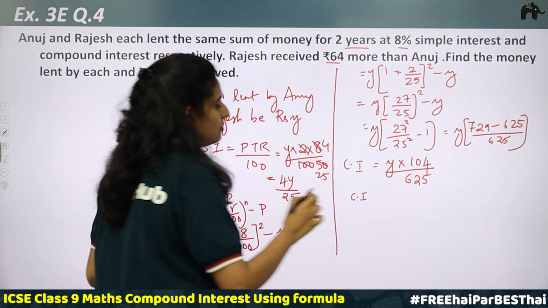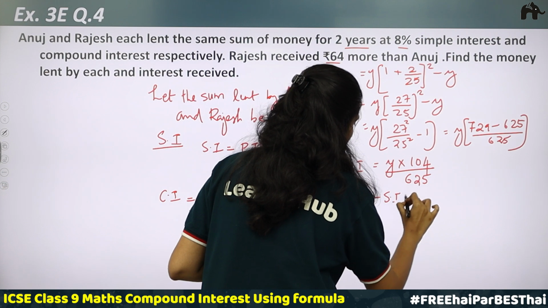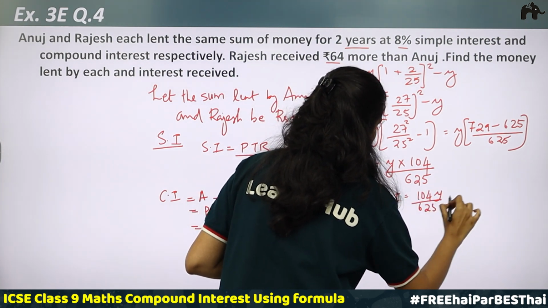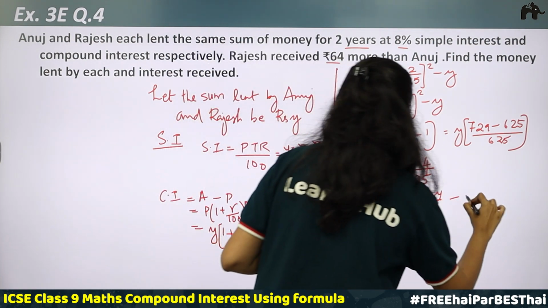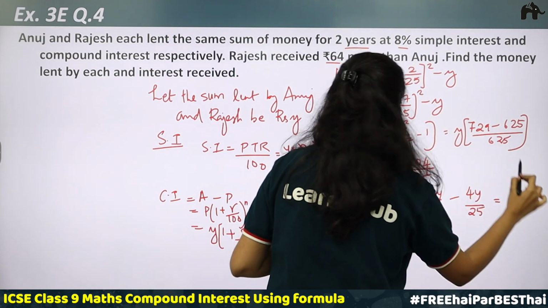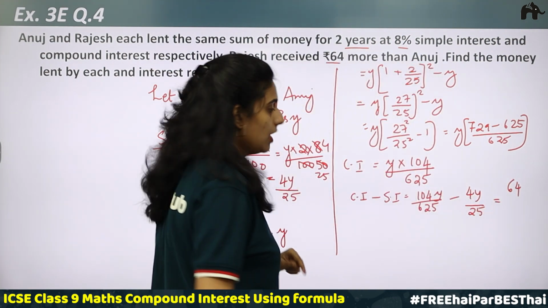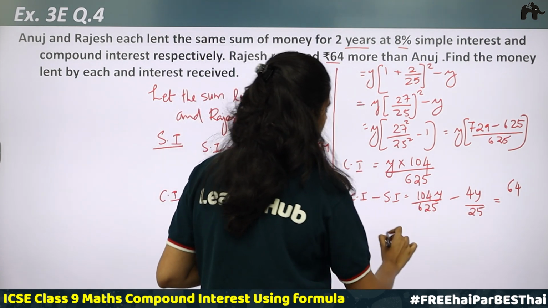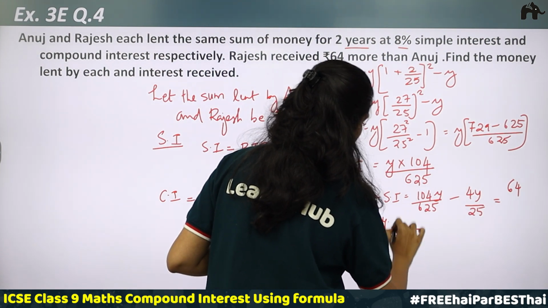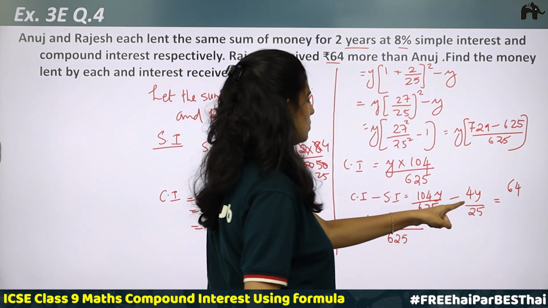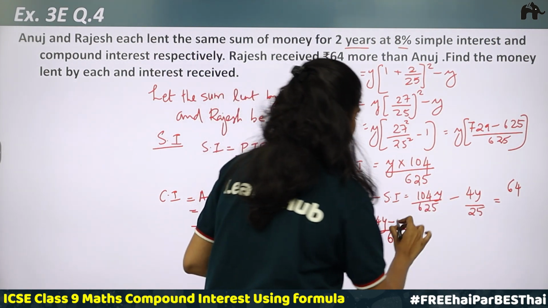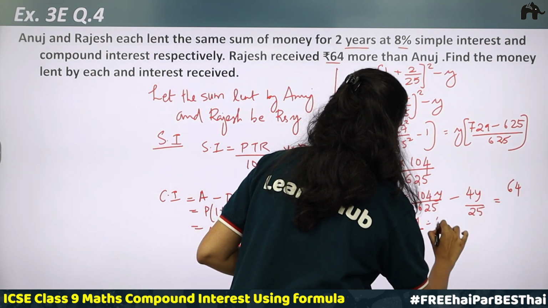This rupees 64 is the difference between the compound interest and simple interest, which is equal to 104Y divided by 625 minus the simple interest 4Y divided by 25, and that is equal to 64. Therefore, when you take the LCM, you will get 625 in the denominator: 104Y minus, here 25 into 25 is 625, 25 into 4 is 100, so 100Y, is equal to 64.